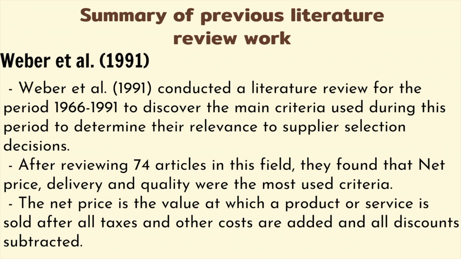After reviewing 74 articles in this field, they found that net price, delivery, and quality were used as criteria. The net price is the value at which a product or service is sold after tax and other costs are added and all discounts are subtracted.